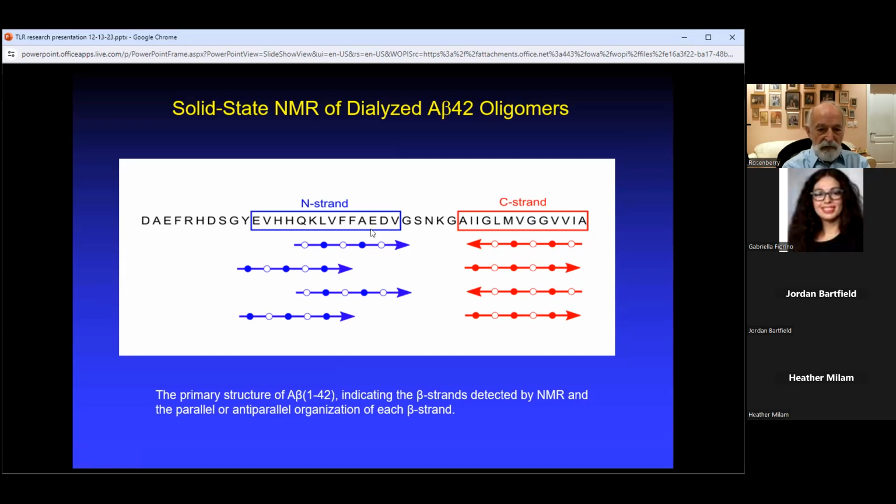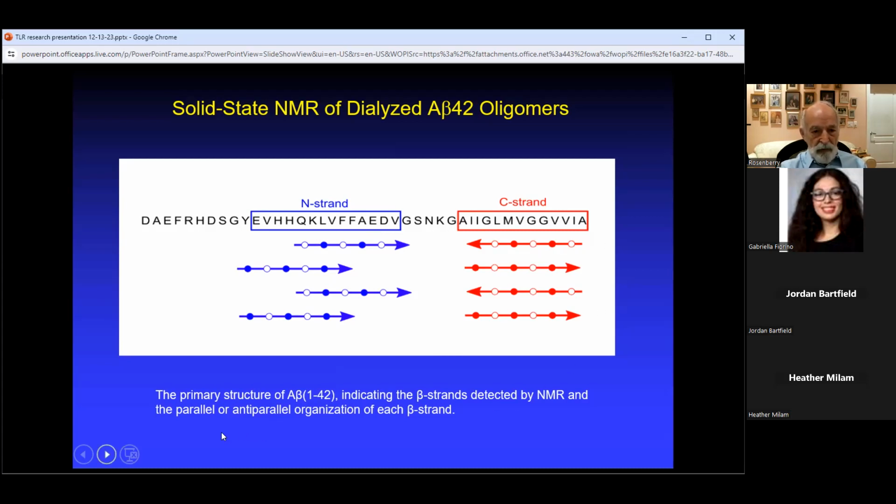And we finally conducted enough NMR experiments that we deduced that it was actually a parallel beta sheet strand, but it was out of phase by 3 residues in alternating strands. So that was an unusual configuration to have both parallel and anti-parallel beta structure in the same peptides.